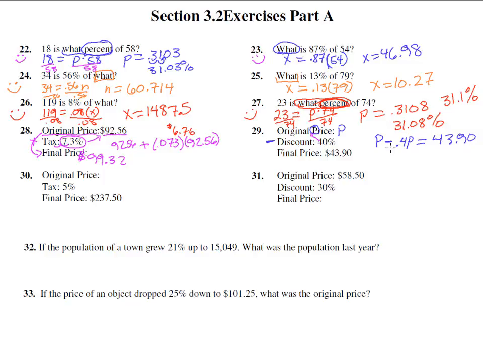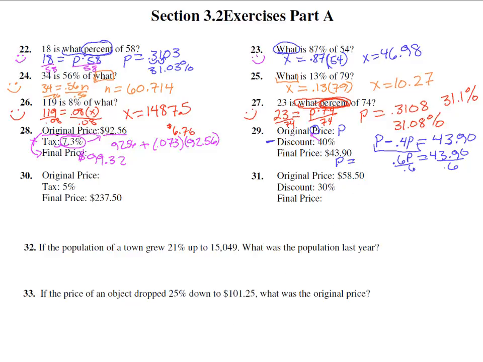Well, look at this. We just made an equation. The original price subtract 40% of that price equals the final. We can combine like terms now. Put those two together, and that's 0.6p equals 43.90. And divide both sides by 0.6, and we can find out what our original price is. Let's write it right here.